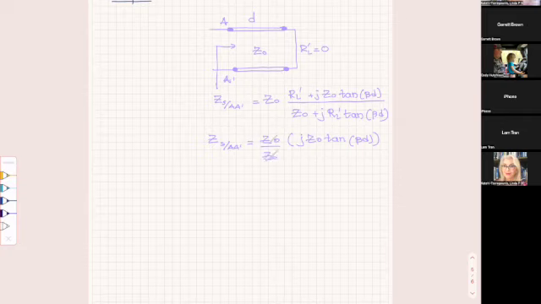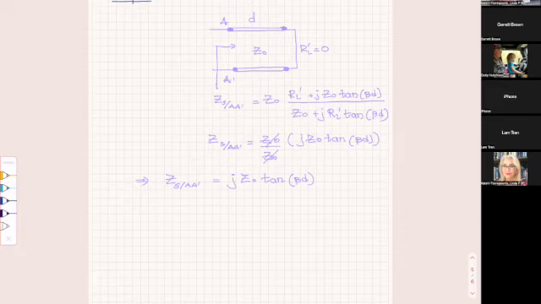So from here, Z sub S at A prime equals j Z naught tangent of beta D.